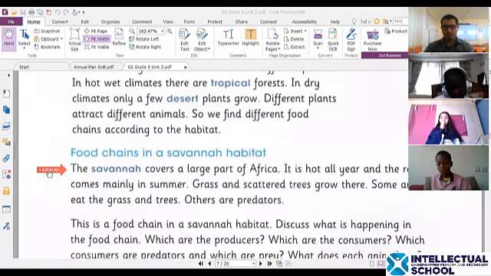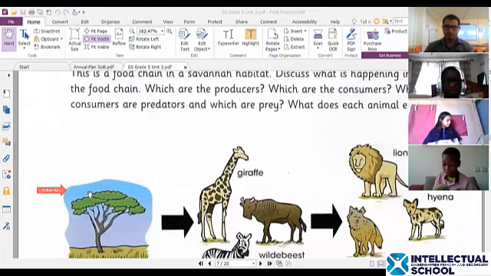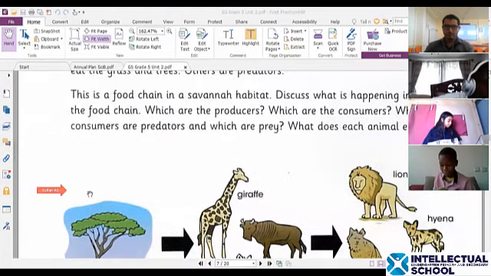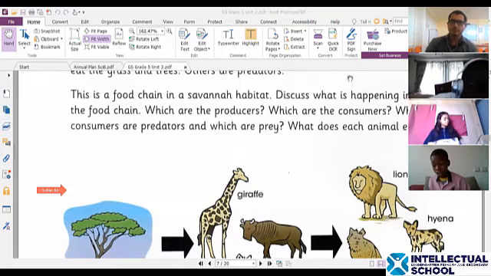Others are predators. This is a food chain in a savanna habitat. Discuss what is happening in the food chain. Which are the producers? Which are the consumers? Which consumers are predators and which are prey? What does each animal eat?